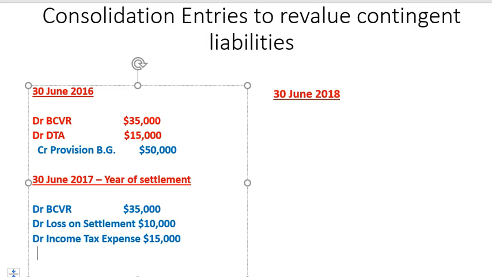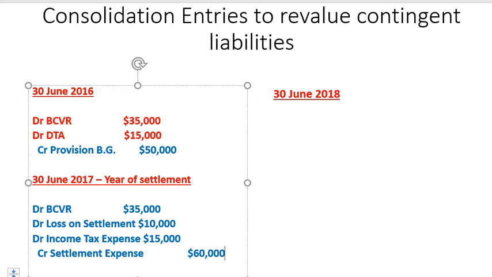Now, we'll then credit our settlement expense by $60,000. So the subsidiary recognized an expense on settlement of $60,000. So they would have debited the expense.